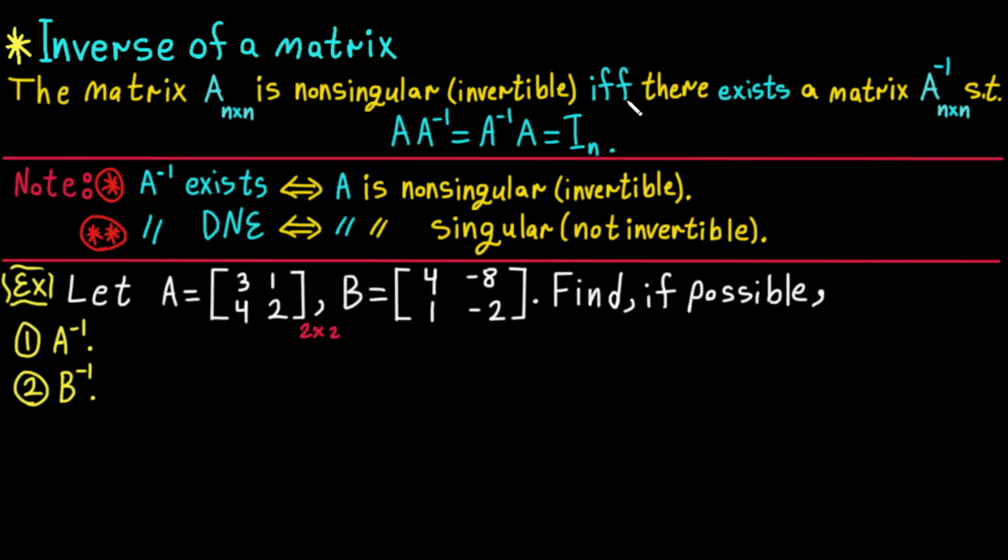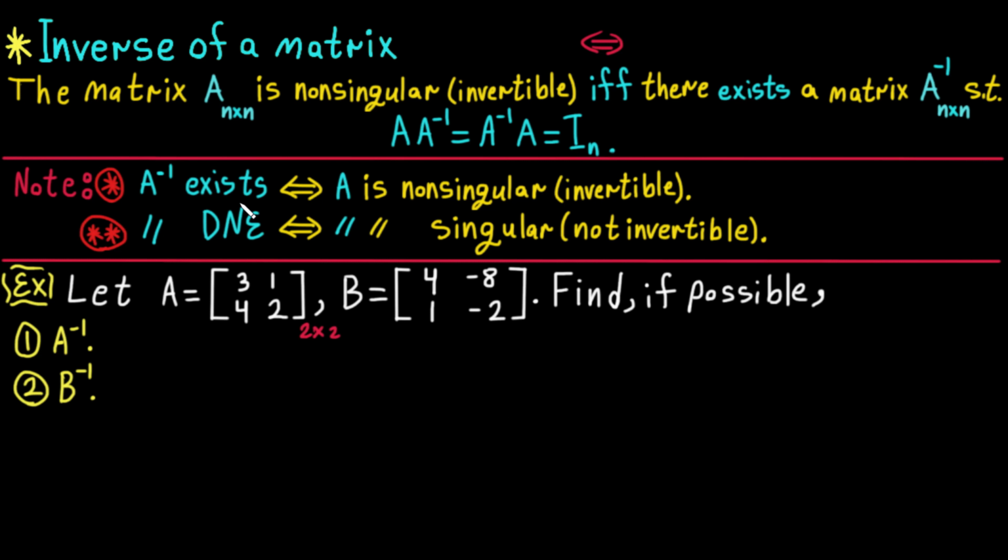If and only if there exists a matrix A inverse such that A multiplied by A inverse equals A inverse multiplied by A equals the identity. The most important thing to know is that if you multiply A by the inverse, you will get the identity matrix.